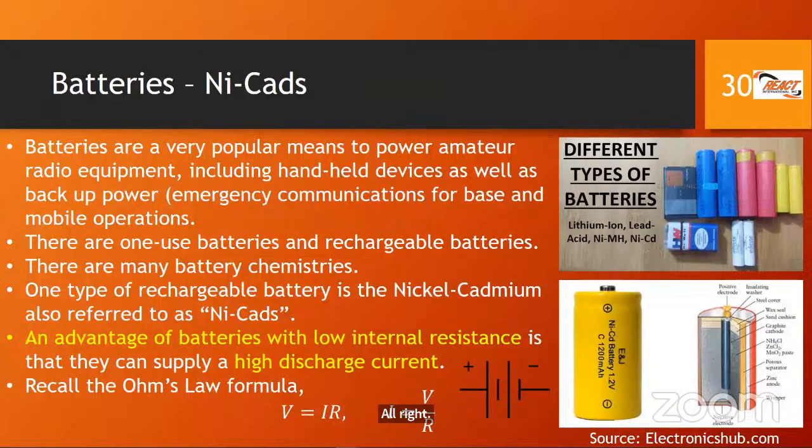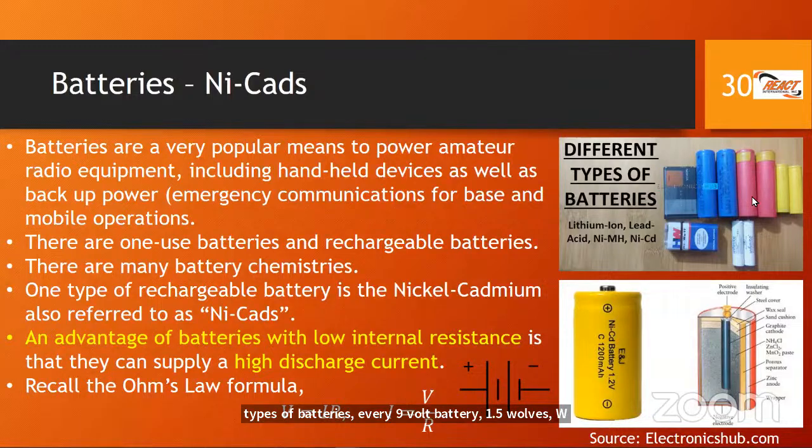So let's discuss batteries, right? We may be familiar with batteries. On the right-hand side here, you see different types of batteries. You have the 9-volt battery, you have the 1.5 volts AA battery, 1.5 volts AAA batteries, and batteries of different voltages as well.